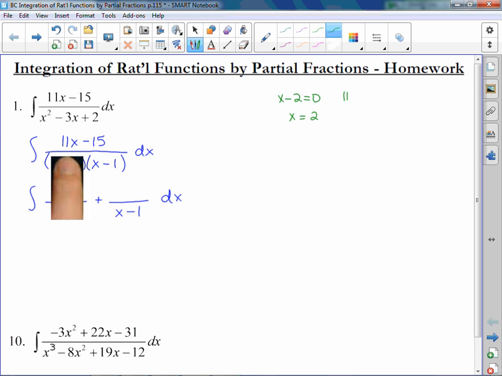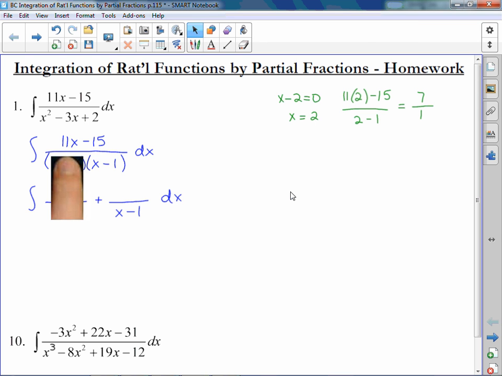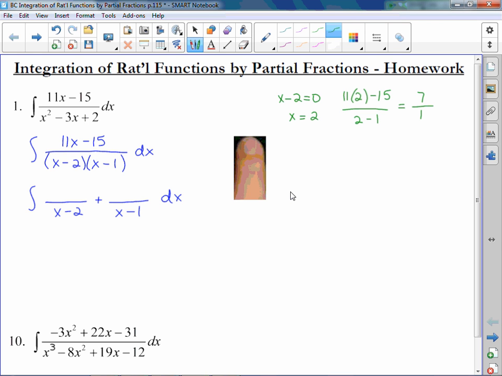So I get 11 times 2 minus 15 over 2 minus 1, and that's going to give me 22 minus 15 is 7 over 1. I'm going to move my finger and put a 7 on top.